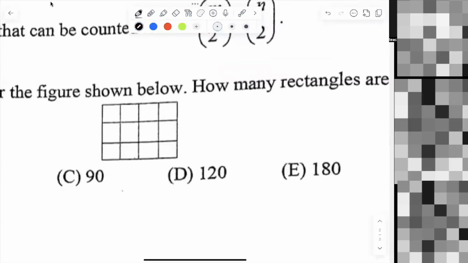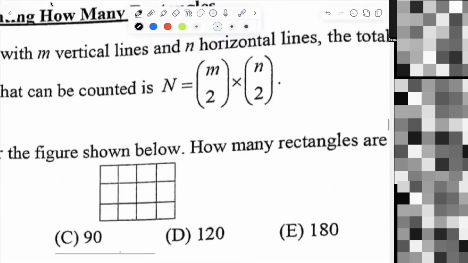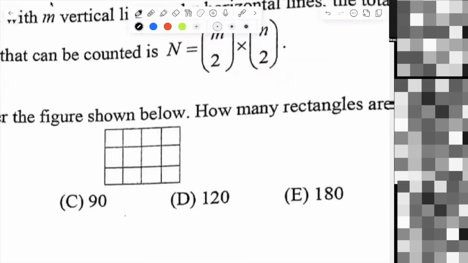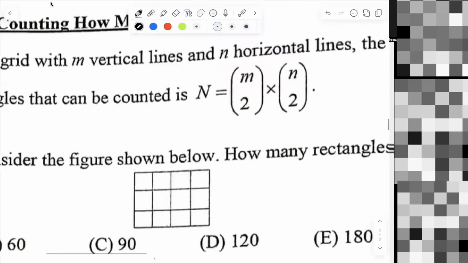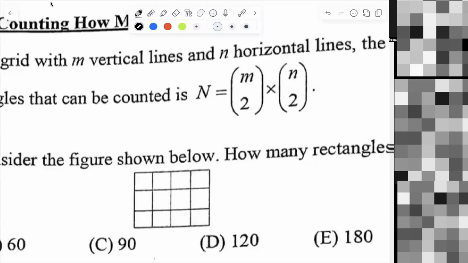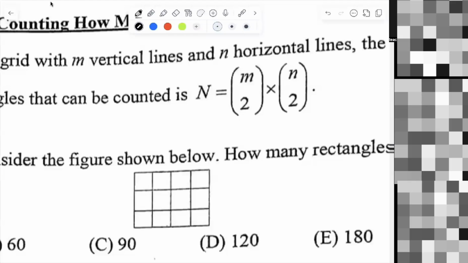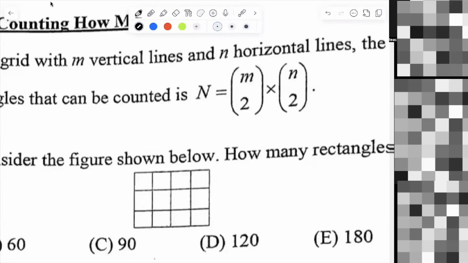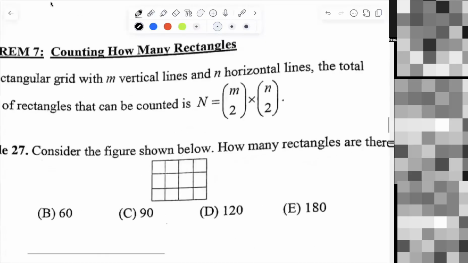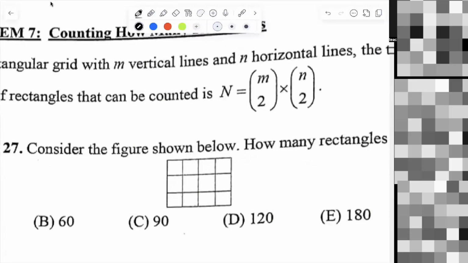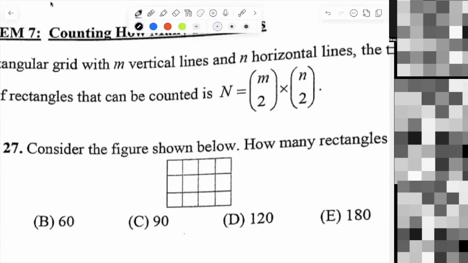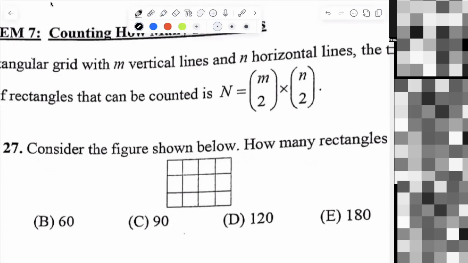If we have n horizontal, in this case there's 4, and n vertical lines, if we choose a pair of vertical lines and a pair of horizontal lines, we can make a rectangle. This is basically what it's saying. And the total is just the number of vertical lines choose 2, times n choose 2.